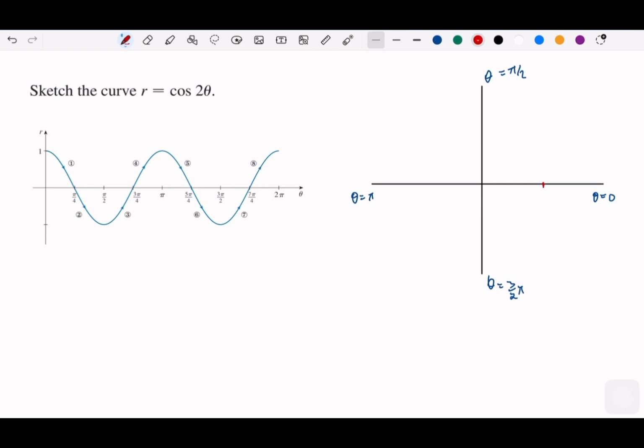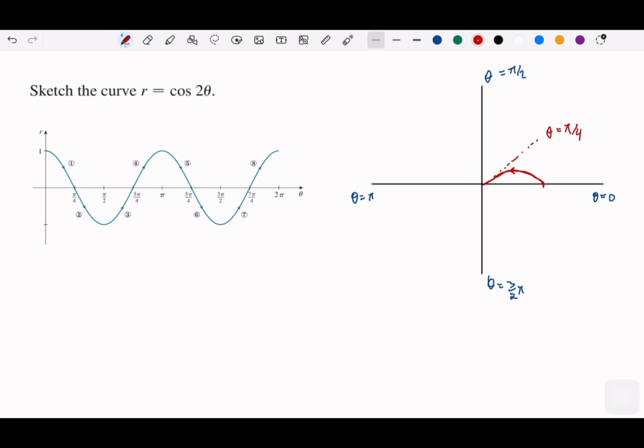We expect that because r is 0 at pi over 4, when we increase theta up to pi over 4, it is going up there. So that is the first part. Let me just add this as theta equals pi over 4.